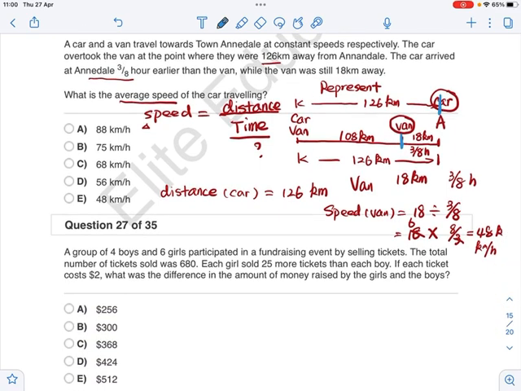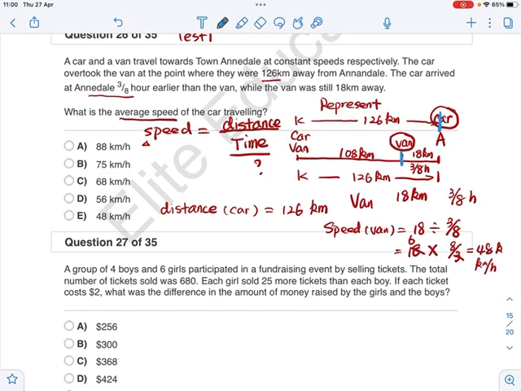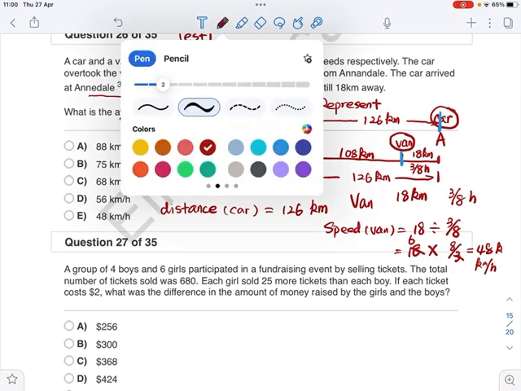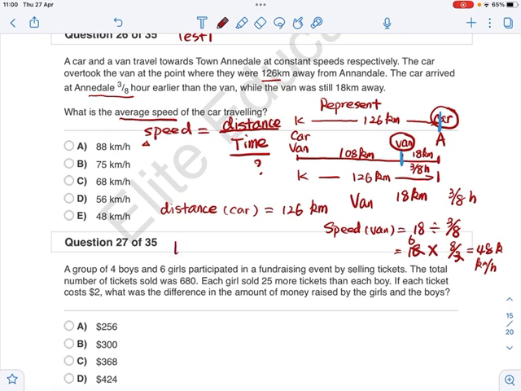Since we know the speed and the distance, 108 kilometers at 48 kilometers per hour gives us the time. This time is equal to the car's time for covering 126 kilometers.